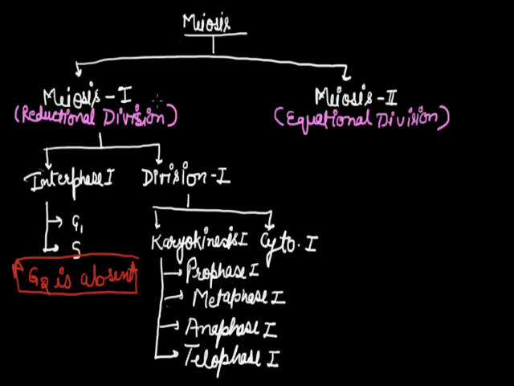First, what's the difference between these kinds of division? What will happen if a cell divides by mitosis and meiosis? The difference between mitosis and meiosis. First of all, mitosis, as I have told you, can occur in somatic cells as well as in germinal cells. Suppose this is a 2N cell, a parent cell that's going to divide by mitosis.